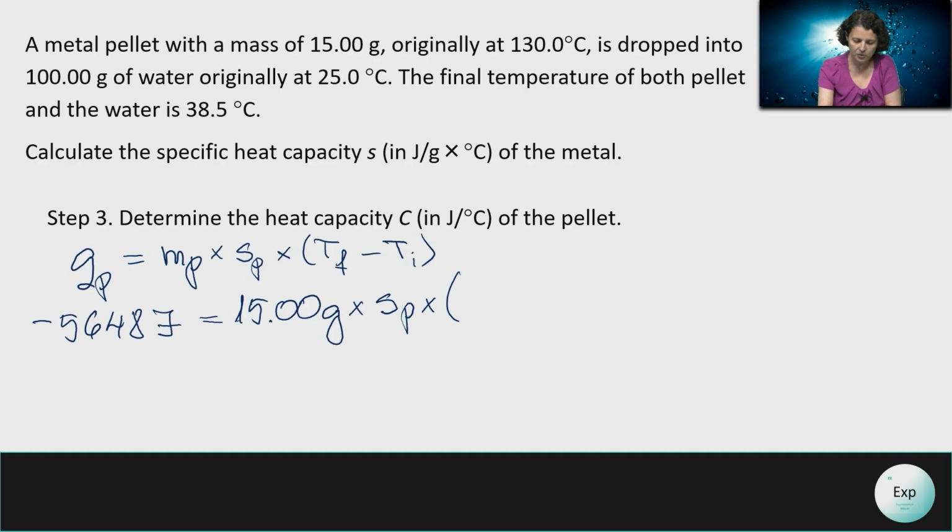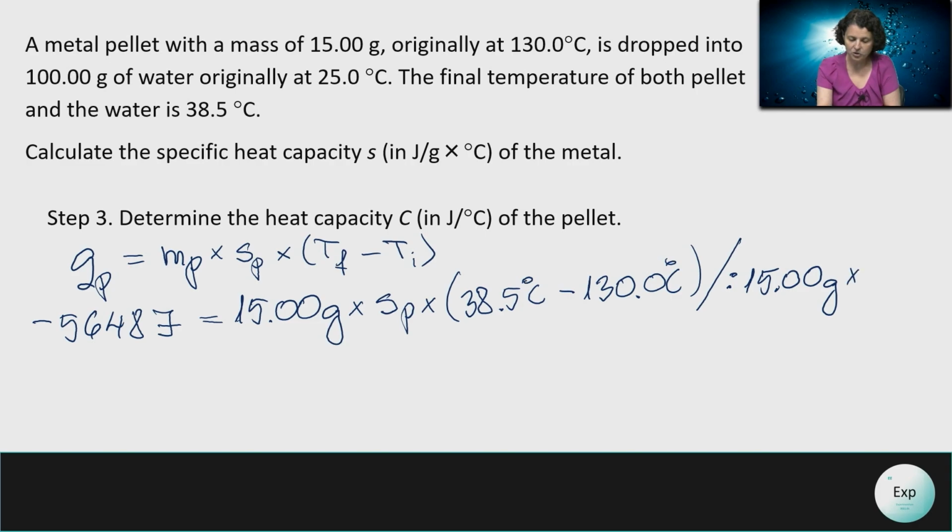And the final temperature is 38.5 degrees Celsius minus the initial temperature, 130 degrees Celsius. We divide both sides by the 15 grams times the temperature difference, which is negative 91.5 degrees Celsius. And this will tell us that the specific heat of the pellet is 4.12 joules per gram Celsius.